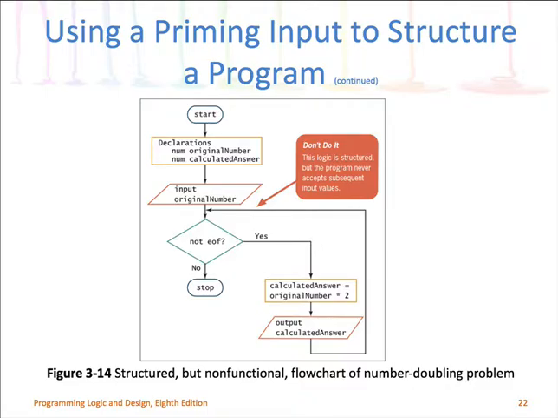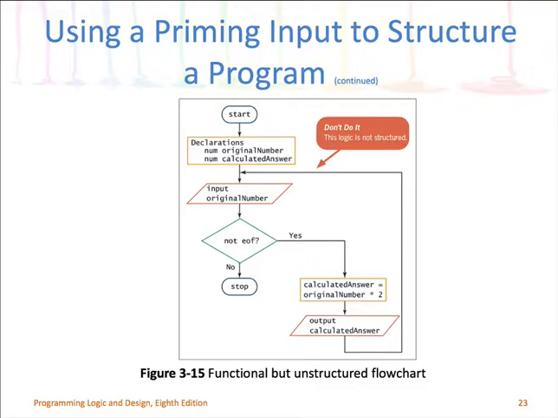Okay, let's take the original number and multiply it by 2, output that. So we never change the value of original number. So this program is going to be an infinite loop that just keeps printing out the same answer over and over again. So it's structured. They say non-functional. I'm going to say it has a logic error.